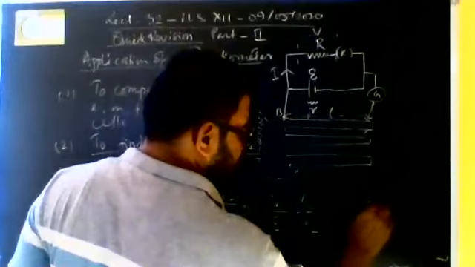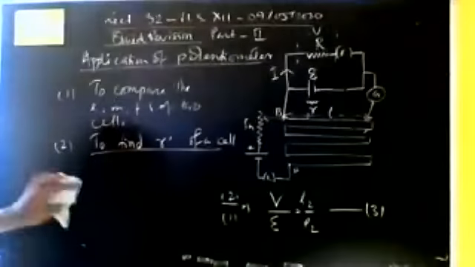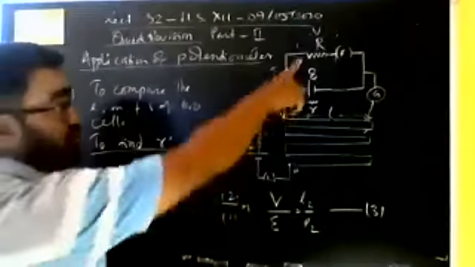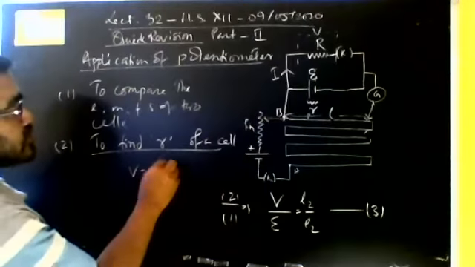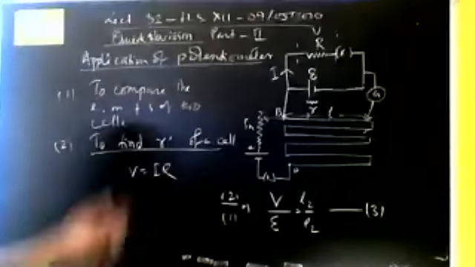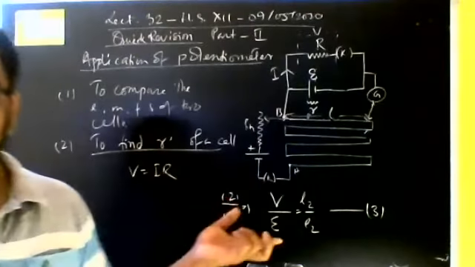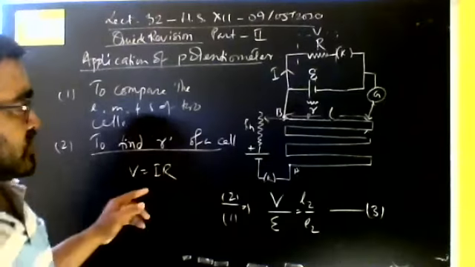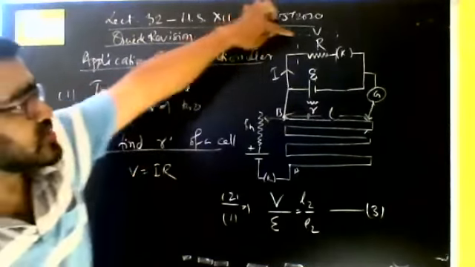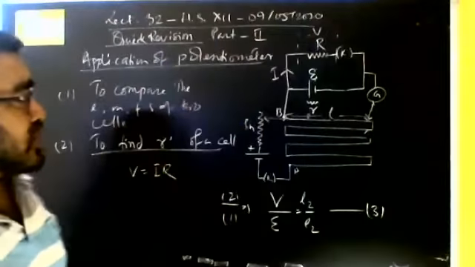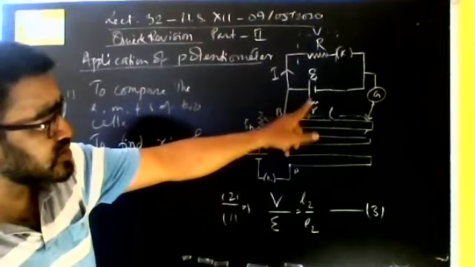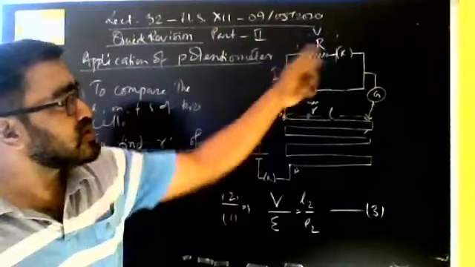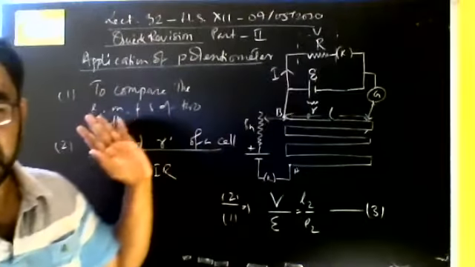You keep it aside. Next, according to Ohm's law, V is equal to IR, right? It is important to find the internal resistance r. This is often forgotten, so revision is compulsory. According to Ohm's law, V is equal to IR. Again, when current passes through the internal resistance r, you have to consider the total current and total resistance in the circuit.